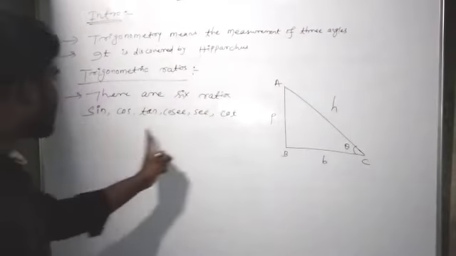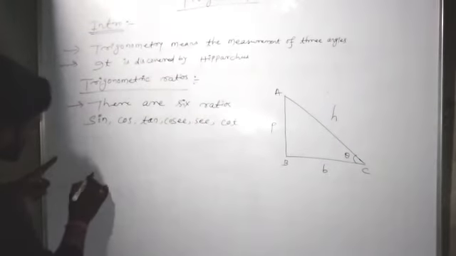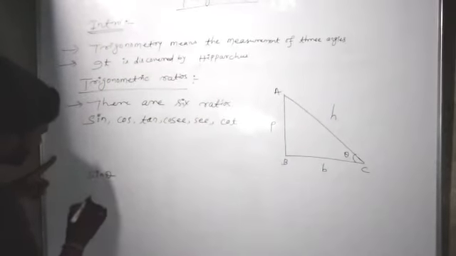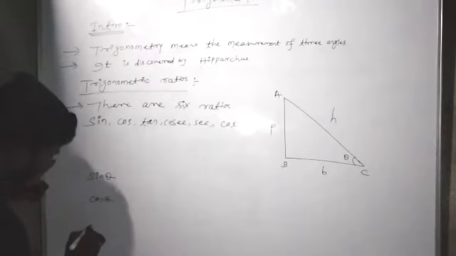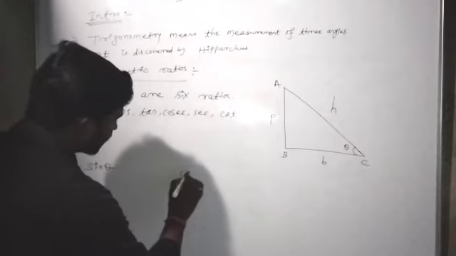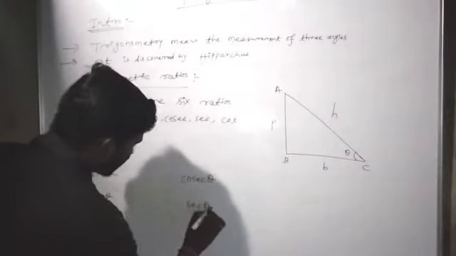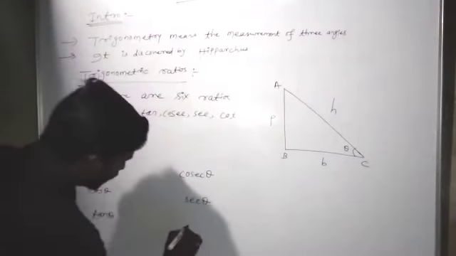So to determine these six ratios, we write them as sine theta, cos theta, tan theta, and cosec theta, sec theta, and cot theta.